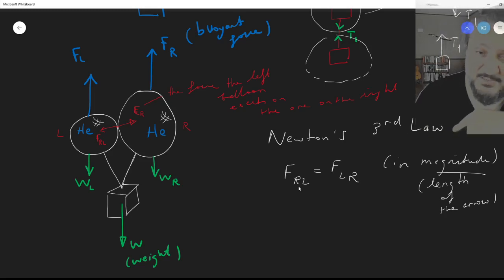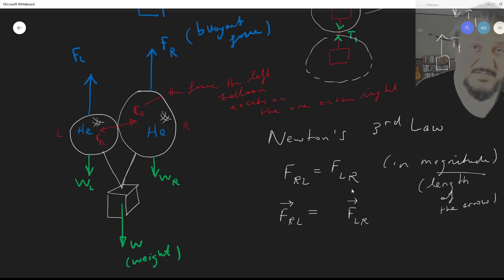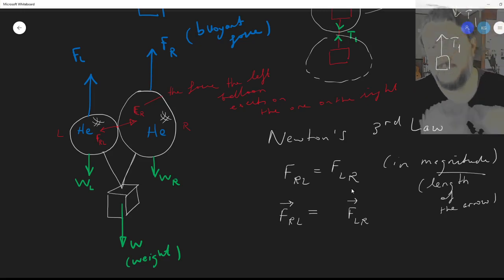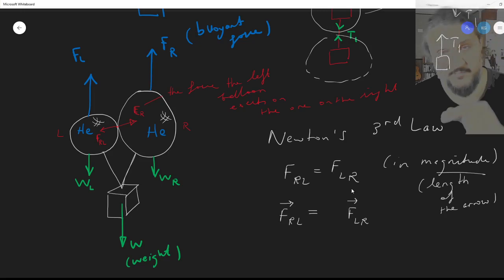Actually, if I have to be very precise, I'm gonna now place little arrows on top of each force, but I can't say they're equal anymore, because once I introduce these little arrows, I'm talking about the vectors themselves, not the magnitude or the length. Length plus the direction, okay? The direction is important. And whenever you have two vectors pointing in exactly opposite directions, one is the negative of the other.